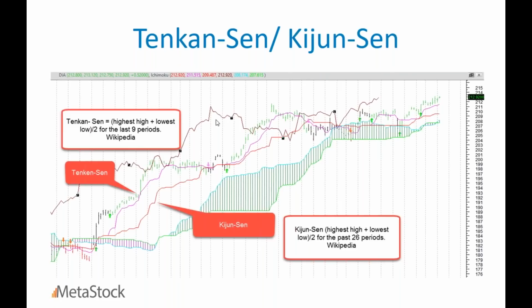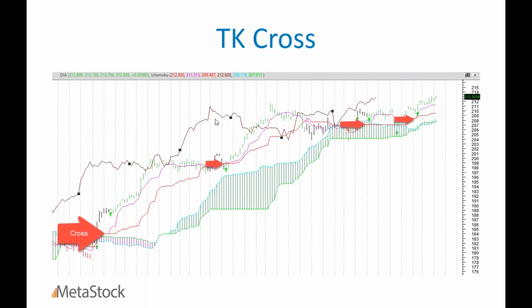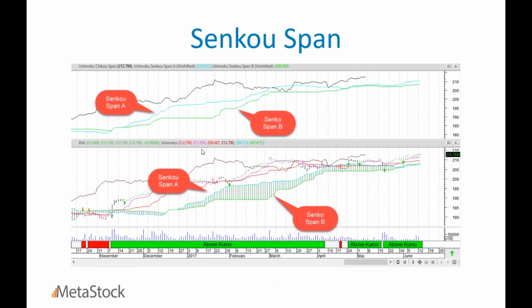So if you want a PowerPoint, it could be a pretty good guide for understanding what the indicators are, what the crosses are, and what the more important buy and sell conditions are. If you want a copy of this, you can email me. You have my email address. You just have to reply to the invitation for the GoToWebinar, and it should come to me. And I'll type it in the chat as well.